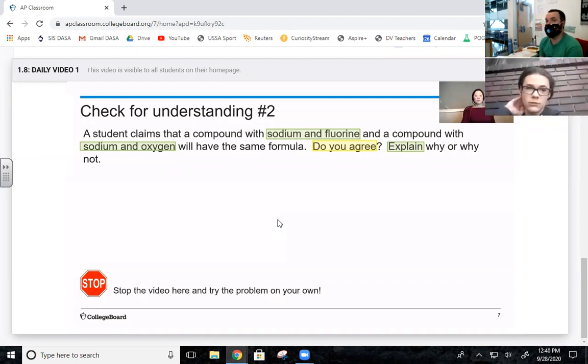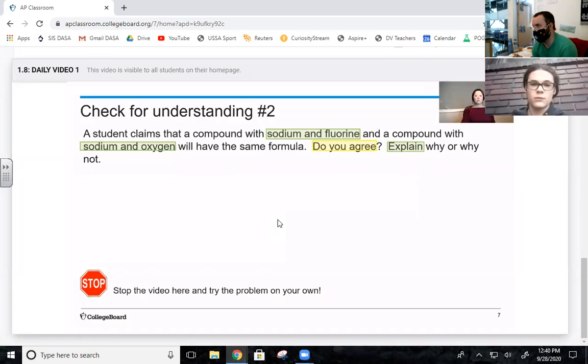Same formula as in, sodium and fluorine would be like NaF2, and sodium and oxygen would be SO2, right? That's what they mean by the same formula. The ratio between the two elements would be the same. So, do you agree? Explain why or why not. Ready to go. And Elijah and Jeanette, I want you two to work together. I'm going to mute you over on my side.